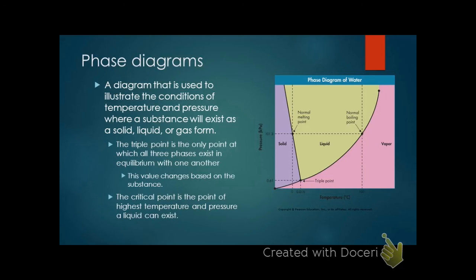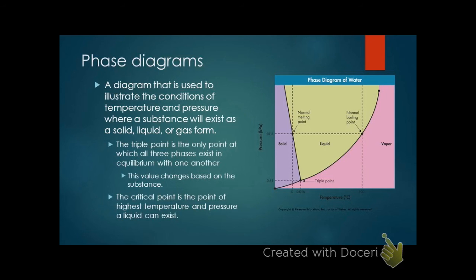Now, as the temperature is raised, we notice that our chance at having a solid decreases greatly until we look at a couple of other factors. Also, as the pressure increases in some of these areas, we're going to notice that our ability to hold on as a liquid, or whether it will change directly into a gas, will be affected.